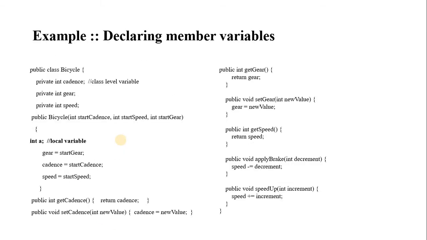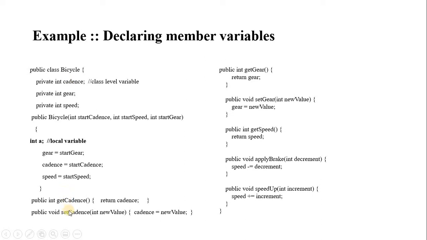Let's say here we have a public get cadence method, and if you want to set the variable, there is a public void set cadence. So to set the value, we use this method, and to get the value, we use the get method. Through these public methods, we are able to assign the values as well as get the values.